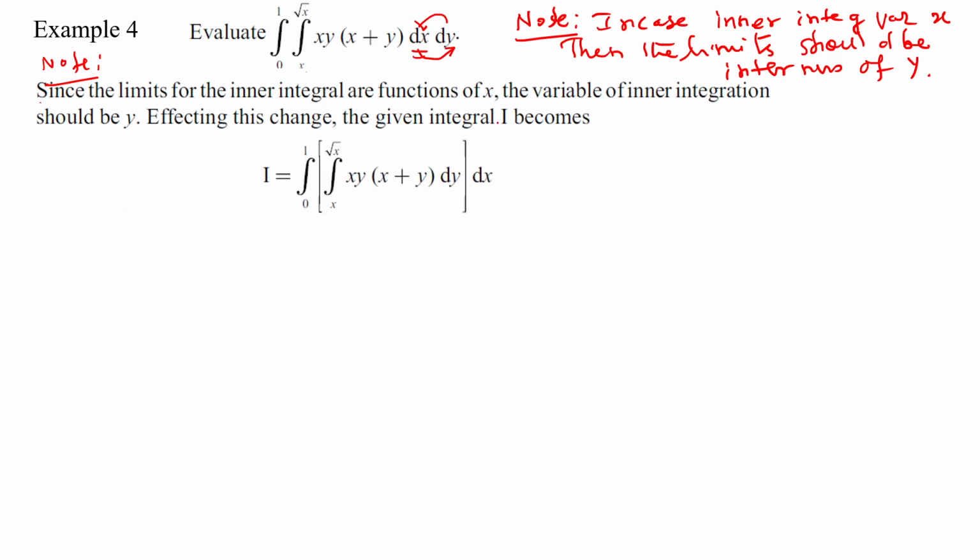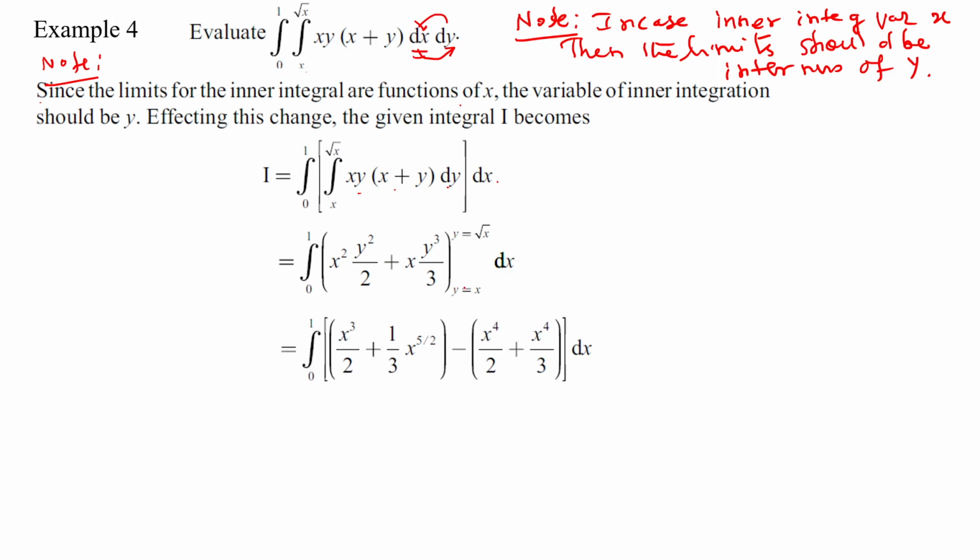Okay, so I becomes I equal to 0 to 1, x to root x, xy divided by x plus y, dy dx. Okay, so we can solve it. If you are integrating with respect to y first, then you get that value.